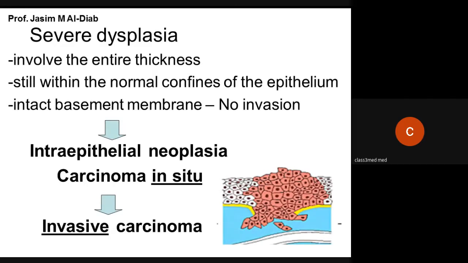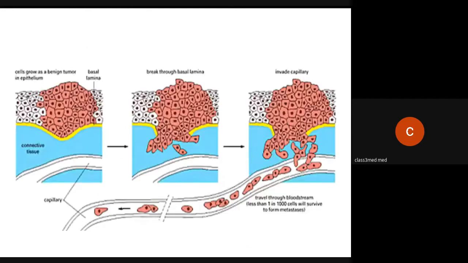When the basement membrane is intact, like in this picture, we call it carcinoma in situ here, or intraepithelial neoplasia. Here, the basement membrane is broken, breached, invaded by the tumor cells. So we call it invasive carcinoma. You may use minimally invasive, widely invasive.